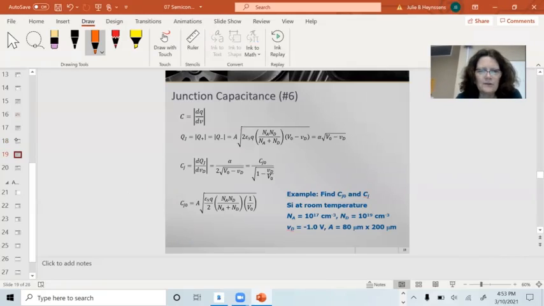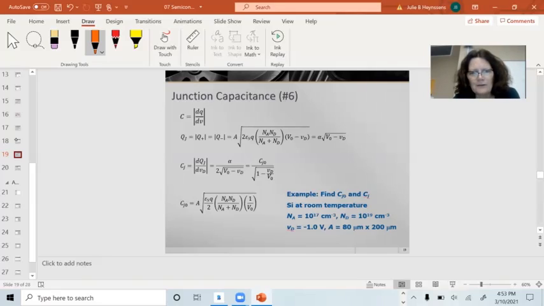These are the equations for junction capacitance. Big, long equations. We've talked about the subtleties of these. Making sure everything's in centimeters is the hard part. We've done a few of these.